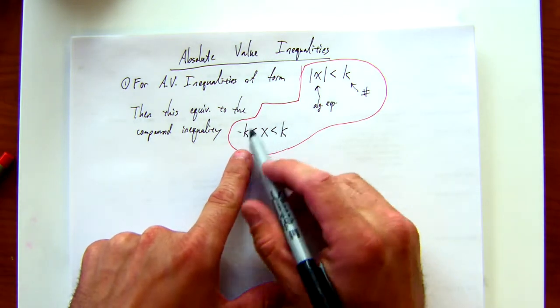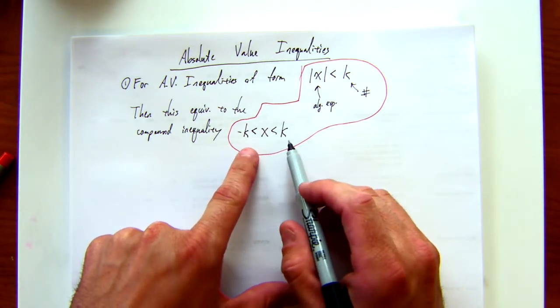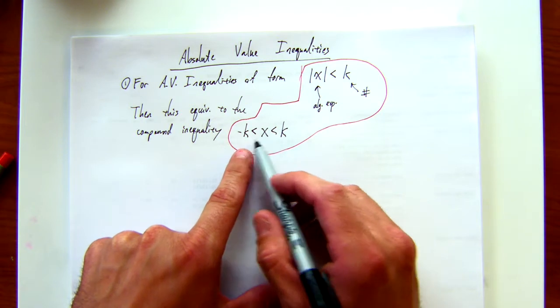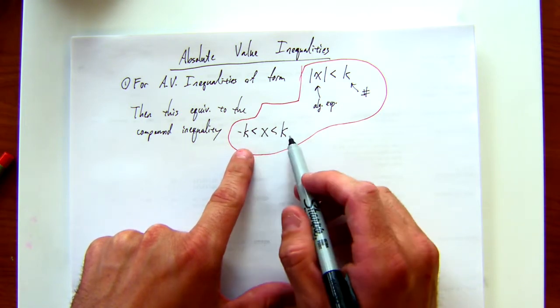What kind of compound inequality is this? Connected with an and or an or? An and, because it's this double inequality, right?